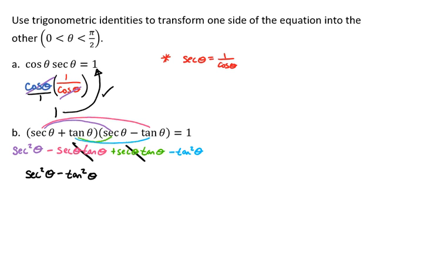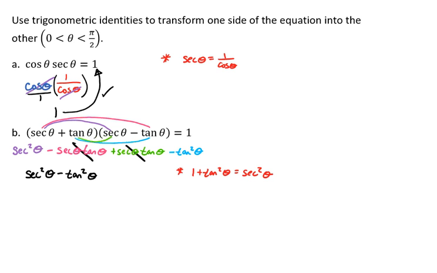So how exactly are we going to get this to turn into the number 1? Well, if we think back to our trigonometric identities, we know that 1 plus the tangent squared of theta equals the secant squared of theta. That's what gave me the idea. So here I'm using my Pythagorean identity.